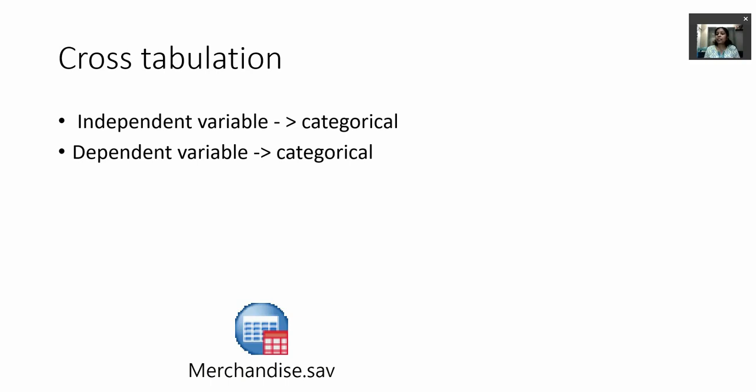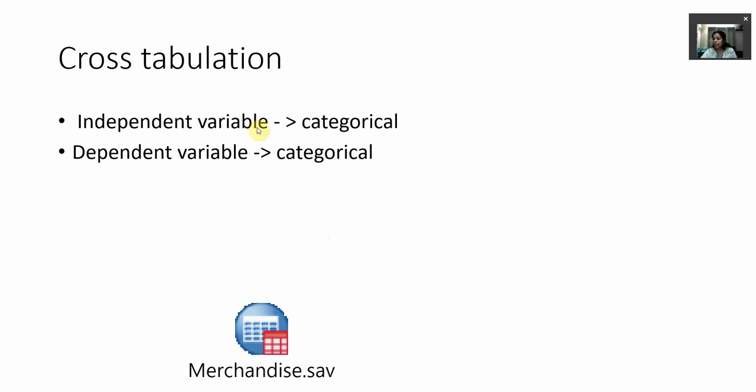Nominal data and ordinal data are considered to be categorical type of data, and interval and ratio data are considered to be continuous kind of data. So, when the independent variable is categorical in nature as well as the dependent variable is also categorical in nature, then we use the cross tabulation.